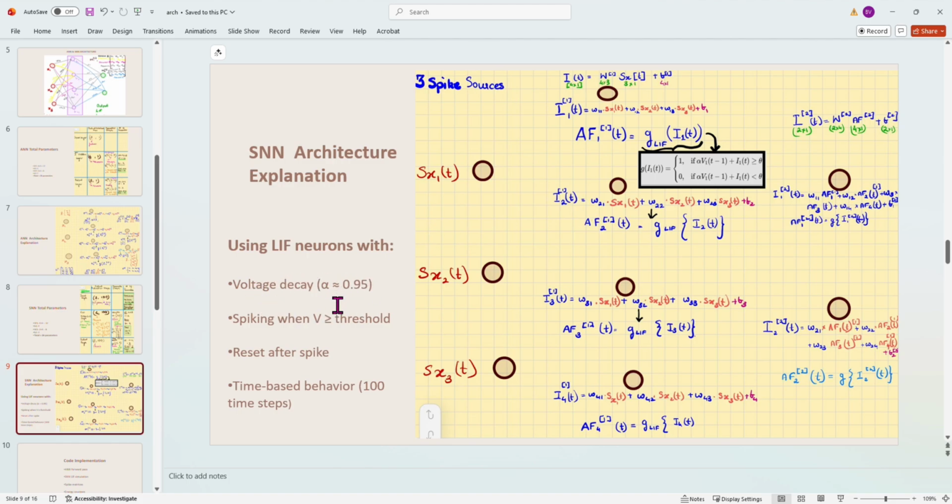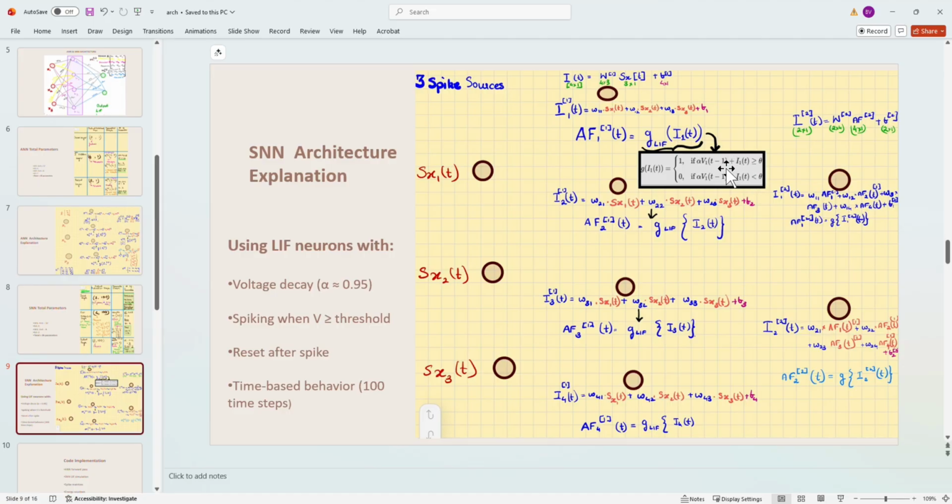For our experiment, I had set this to 0.95, but we can experiment with this number as much as we want. So the new voltage is alpha times the previous voltage plus the current coming in.